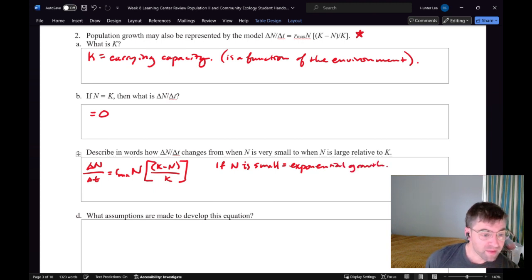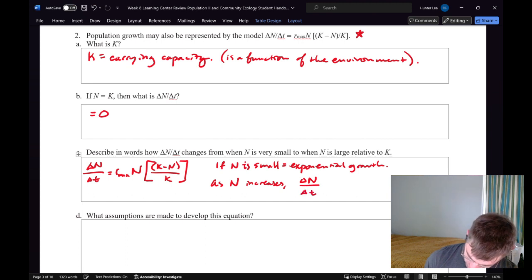The actual number of new individuals added is relatively small. However, as N nears the value of 1/2 of K, delta N over delta t approaches its maximum. And as N approaches K, delta N over delta t decreases. As N increases, the change in population over change in time decreases.